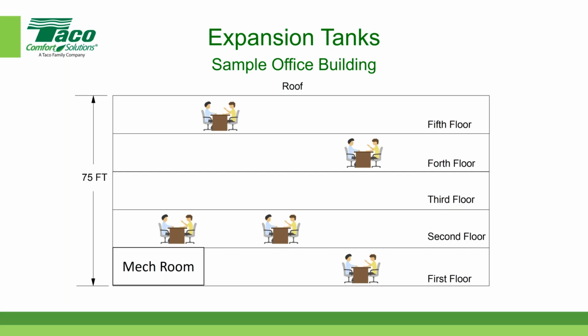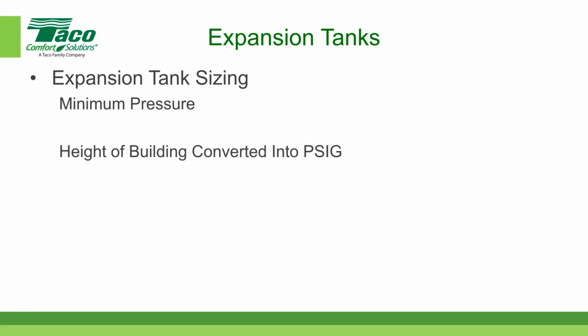So the conversion between the pressure in feet of water column and pounds per square inch is that there's 2.31 feet for every pound per square inch gauge. So let's go back to our little equation here.